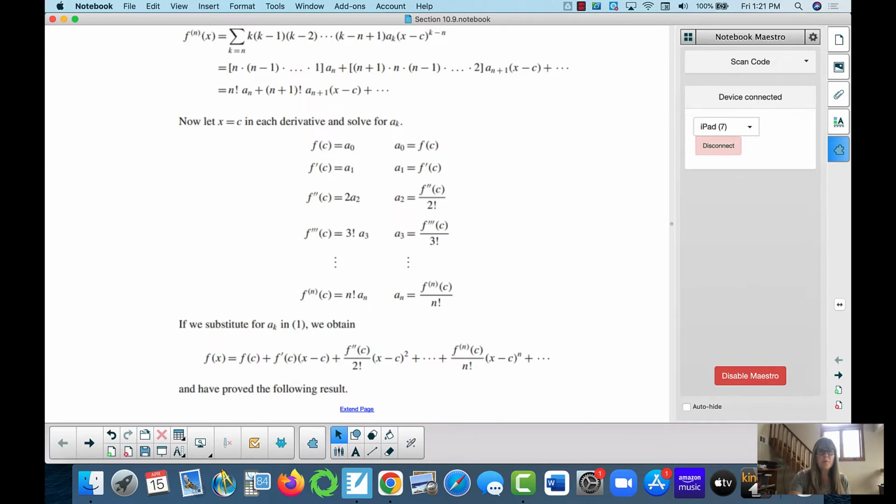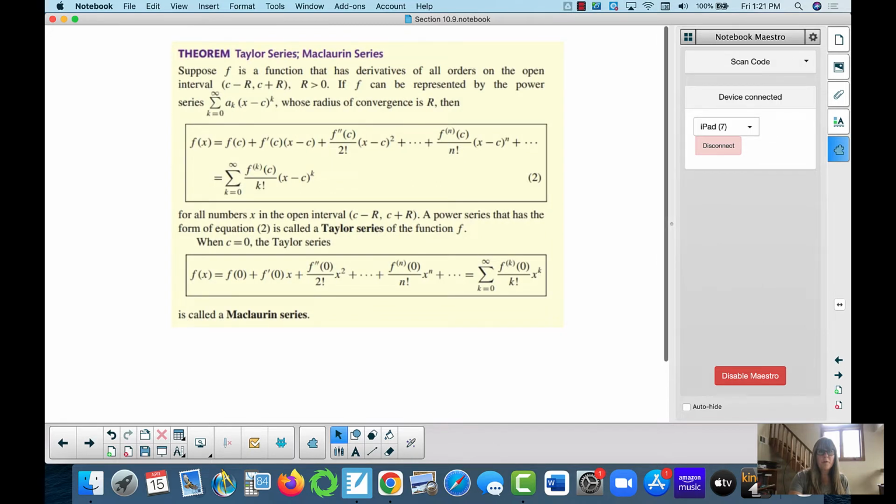So we get this equation here, that f of x can be written as this particular sum. This is called a Taylor series with this x minus c. So a Taylor series means that you can take any function and expand it into a series.